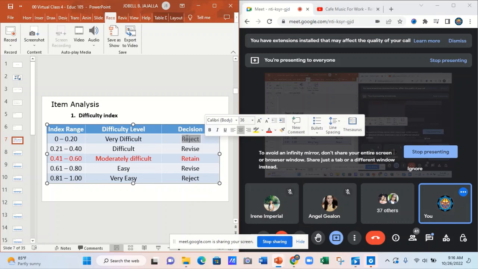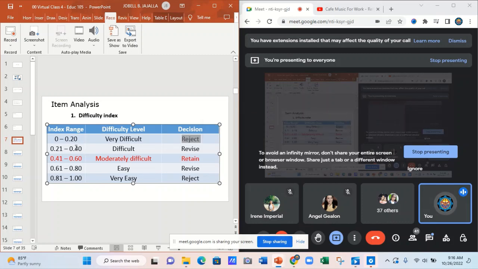Now, if we tone down this very difficult level, we get to the level of difficult item. Difficult item only consists of the range of 0.21 to 0.40. Okay? So for rounding off the difficulty index, class, remember, we round off to the nearest hundredths, or to the second decimal place.